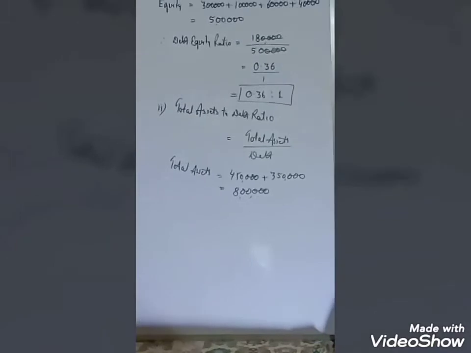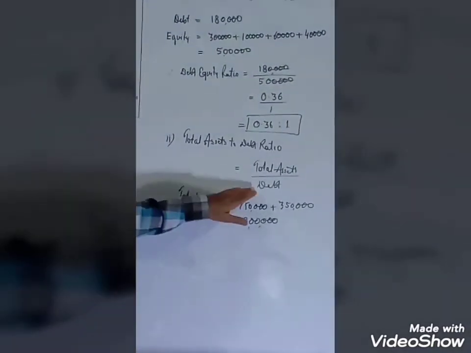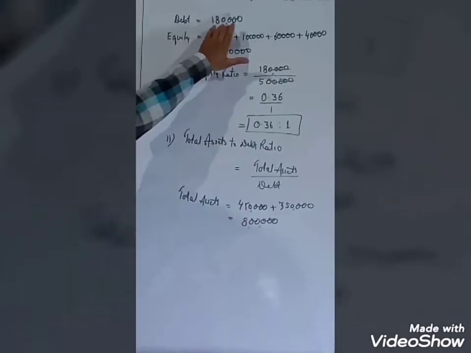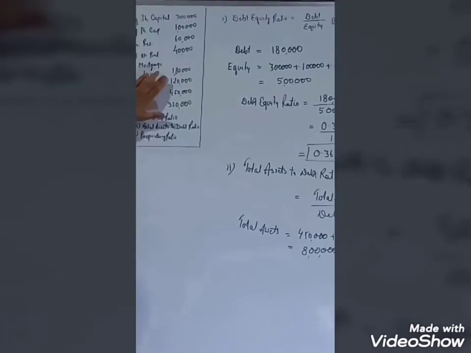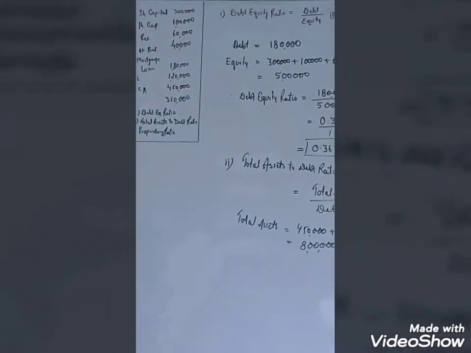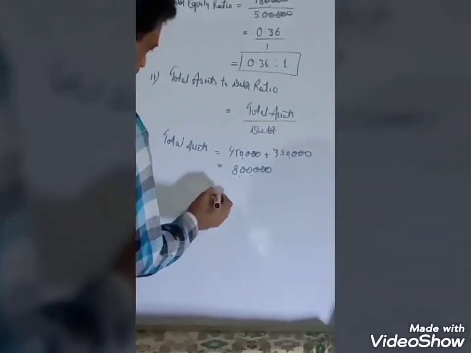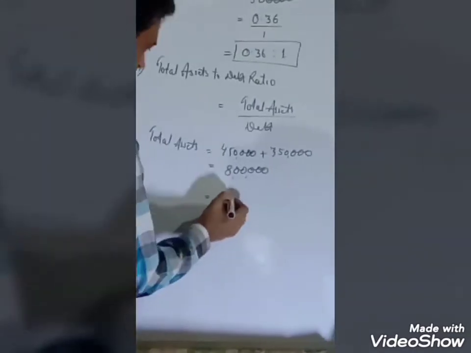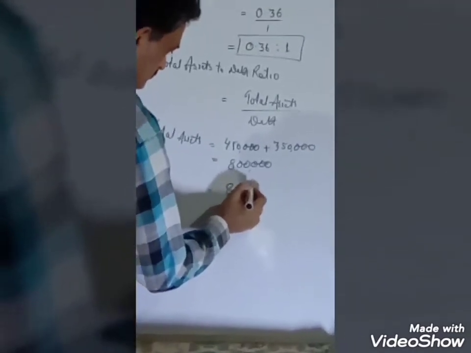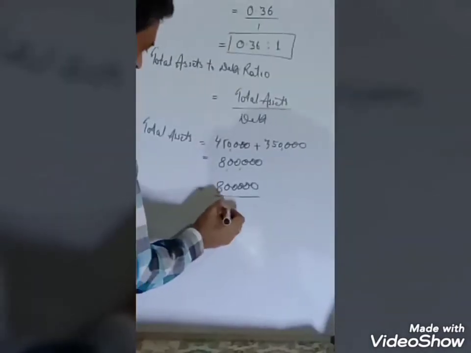Now we got total assets rupees 8 lakh and debt we already had calculated. This is the total 12% mortgage loan that is given, 1,80,000. Now we will calculate the ratio. Total assets 8 lakh divided by debt 1,80,000.